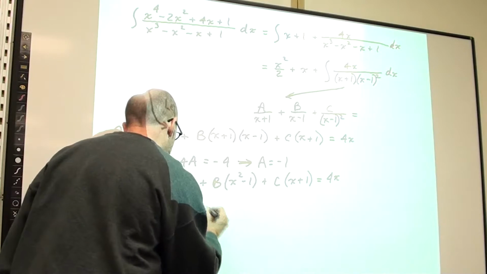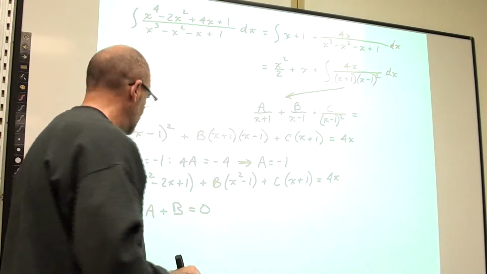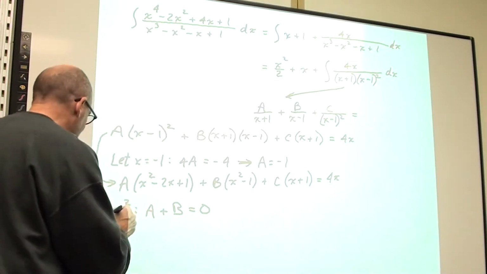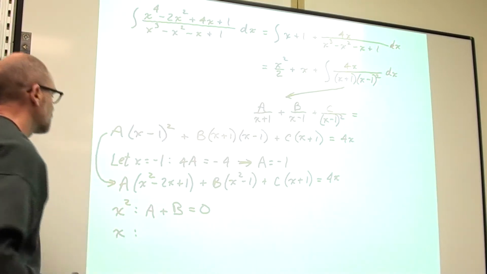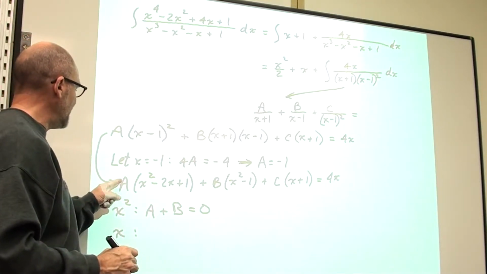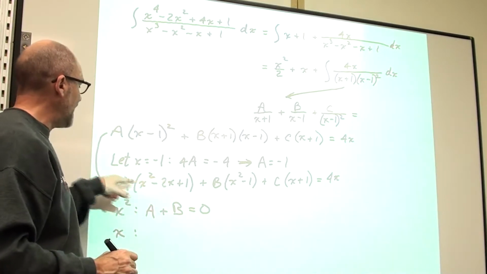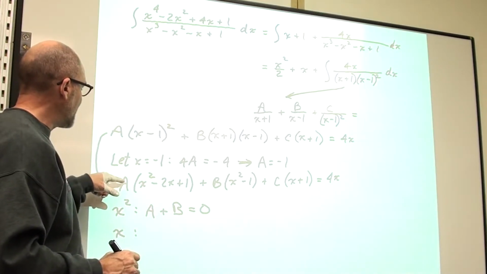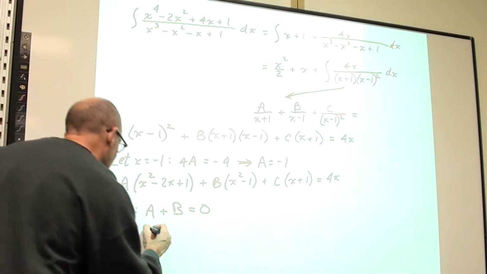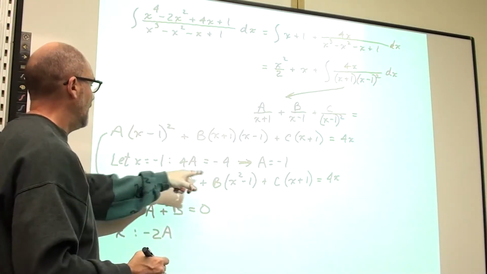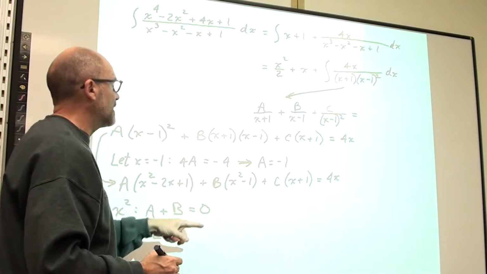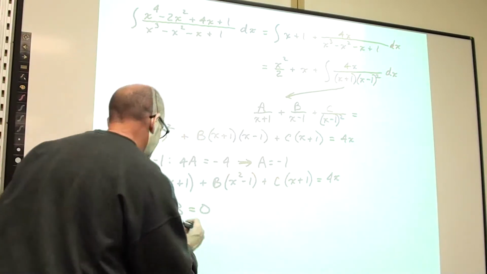So A plus B has to equal 0. All right, now the x, I'm going to distribute the A. So in x's, I've got -2A. There is no Bx, and there's a Cx.